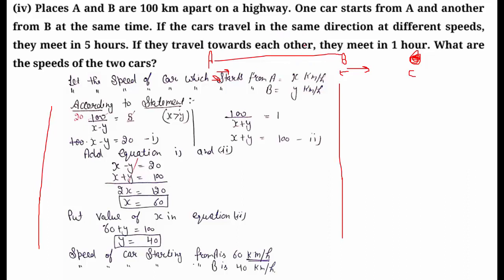Now for the second situation, in the opposite direction they will meet like here, say this is D. AD will be x and BD will be y, because distance equals speed into time, and time is given as 1 hour. So AD will be x into 1, that is x, and BD will be y into 1, that is y, and x plus y equals 100.